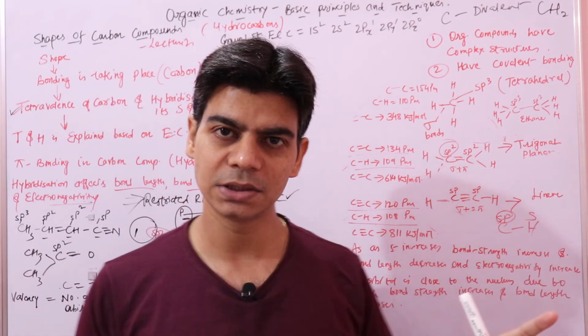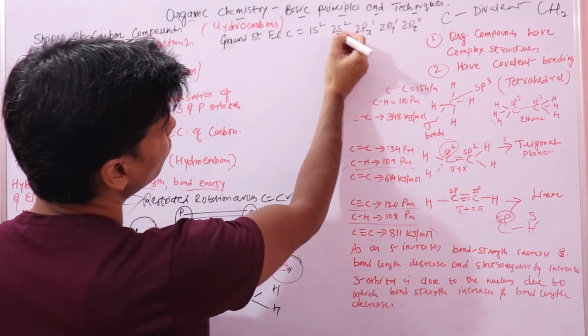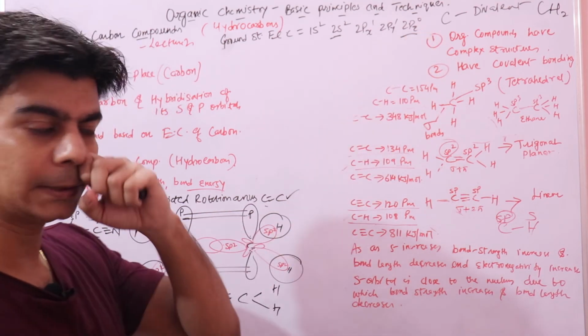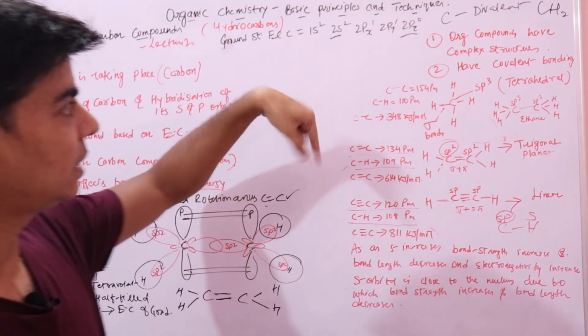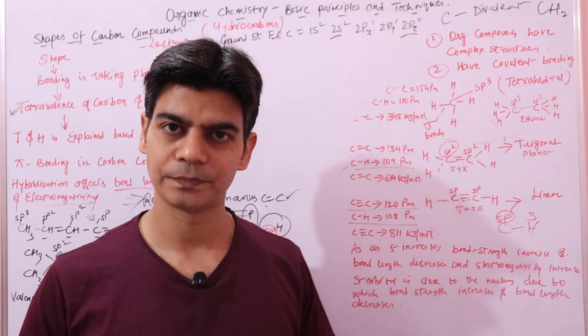This released energy promotes an electron from the 2s orbital to the 2pz orbital. That is, the electronic configuration in the excited state is changed.